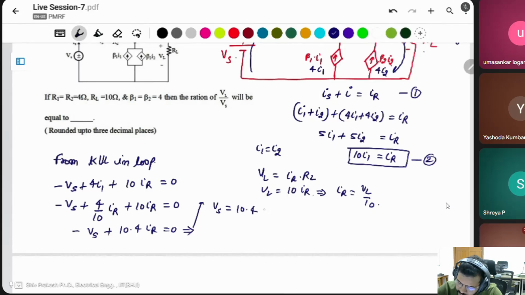IR is equal to VL by 10. It means VL by VS is equal to 10 divided by 10.4. This will be 0.961.